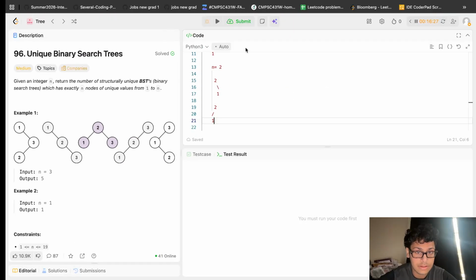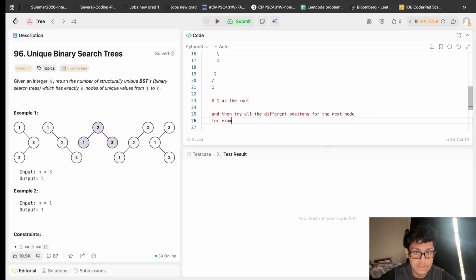And so I'm thinking we keep the 1 as the root, in example 1, and then try all the different positions for the next node.